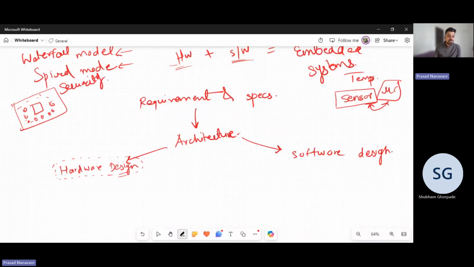The enclosure should be strong enough, attractive enough, lightweight enough, portable enough, mobile enough if that is required. Everything right from the circuit to the enclosure is taken care of in hardware.